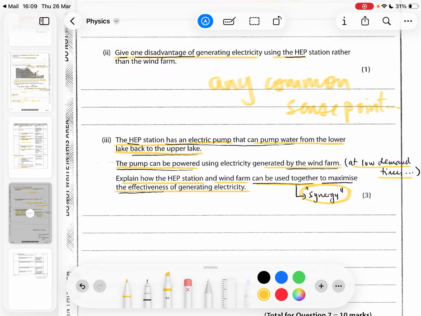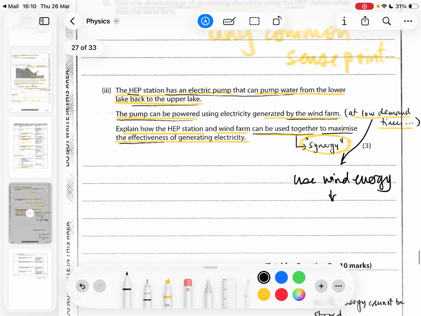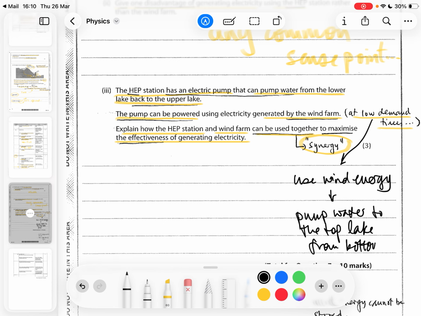So when we have low demand, you use the wind energy. So low demand, use available wind energy. So take the opportunity to pump the water to the top lake from the bottom lake. Why?